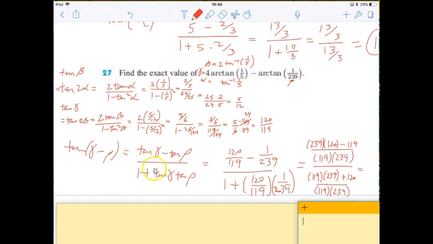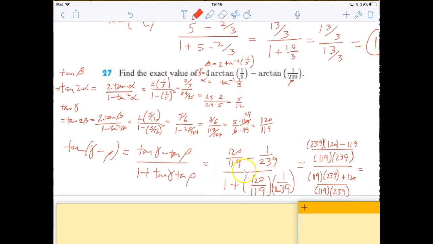That would be equal to, using the identity for the tangent of a difference in angles, tangent gamma minus tangent rho, over 1 plus tangent gamma tangent rho. So all we're going to do is substitute in 120 divided by 119 for tangent gamma, and we're going to substitute in 1 over 239 for the tangent of arctangent of 1 over 239, which is 1 over 239.